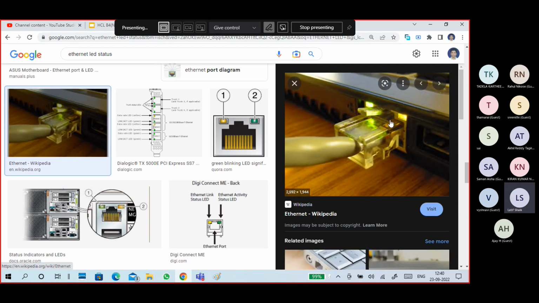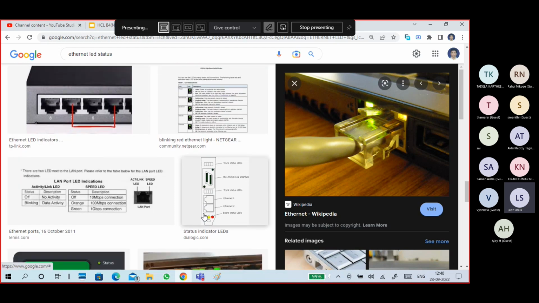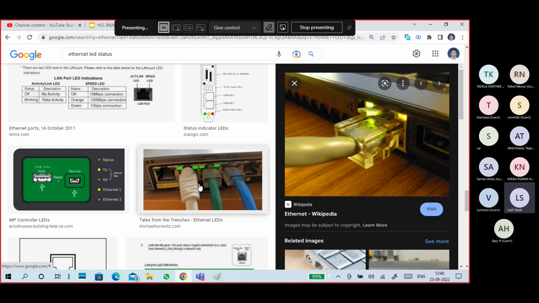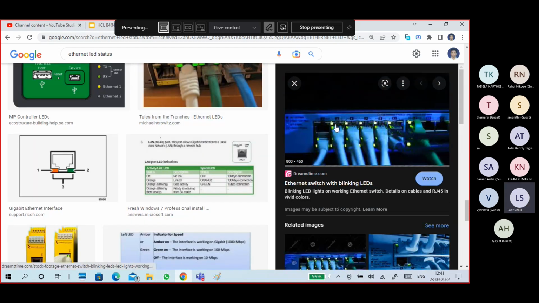Let's see, the LEDs are blinking. By blinking, we can understand the connectivity. So compulsorily check how it is. The blinking is okay. Yellow blinking, green blinking means activity. So green, amber kind of stuff. It also shows green connectivity LEDs.